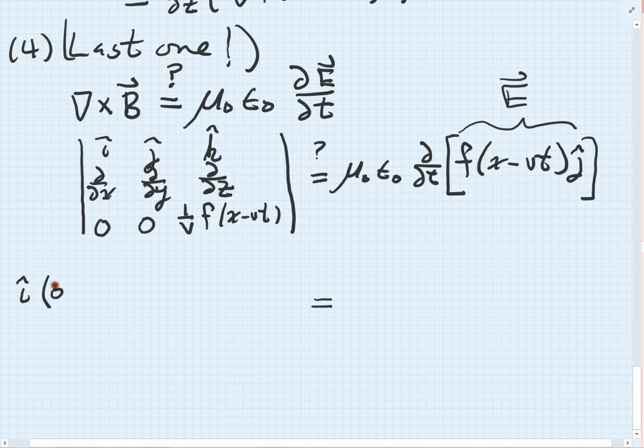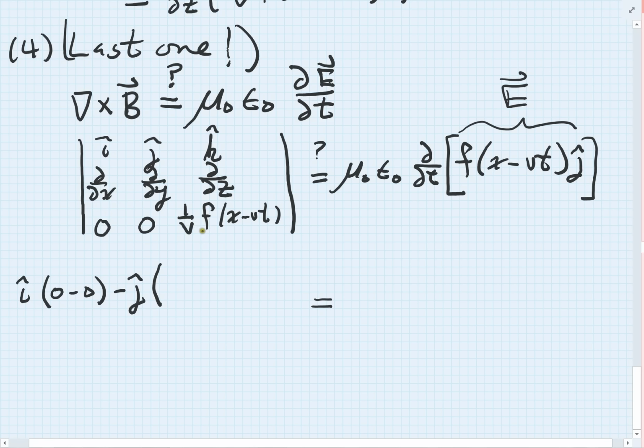So that gives me 0 minus 0. The j hat component is going to give me a minus sign. Then there's j hat. And then as I do the cofactors, I cross out this row and this column. And then I have the x derivative of 1 over v f. Ooh, that is going to give me something that's not 0. And then minus the z derivative of 0.